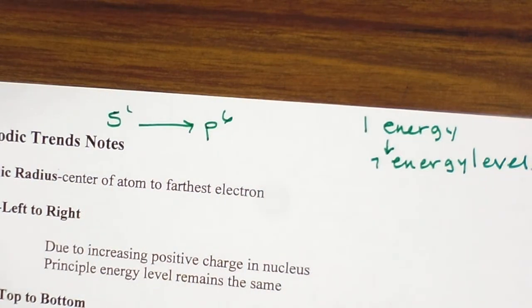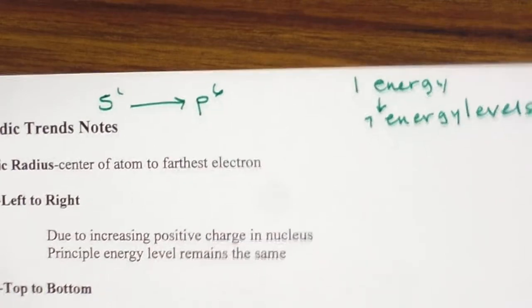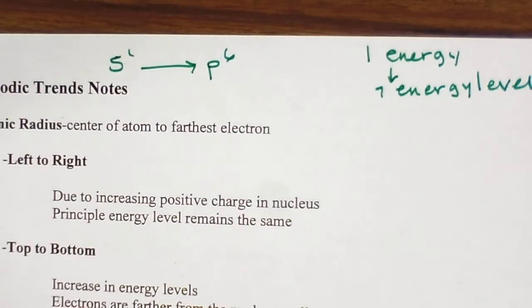So we're going to look at periodic trends that are associated with these trends, S1 to P6, skipping the transition metals because those are not the same, because they have that D and F in there. So we're only going to be talking about the S's and the P's pretty much. And then we're going to go from 1 to 7 top to bottom. So those are the trends that we're going to be looking at, left to right and top to bottom.